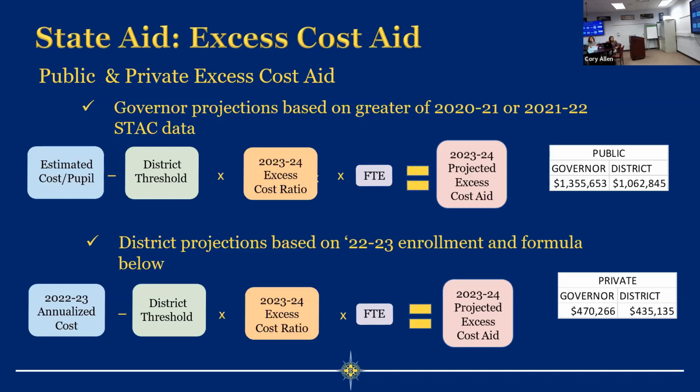So public is BOCES 1, BOCES 2, and any in-district programs, so we have 611, 811 programs that qualify. Private excess costs are for those students that attend maybe Hillside, Mary Carriola, Norman Howard. For the private, 470 is based on the governor's run, and the district is based on who we know at this point in time are currently enrolled, their FTE using the district threshold and the cost ratio.